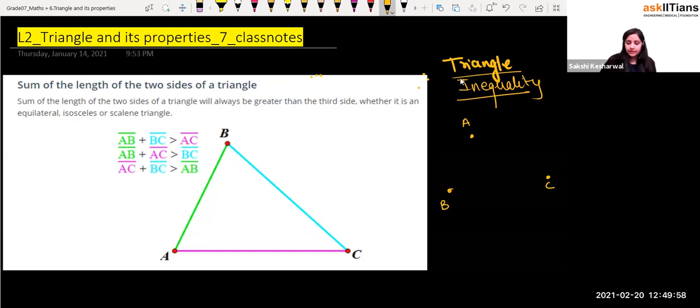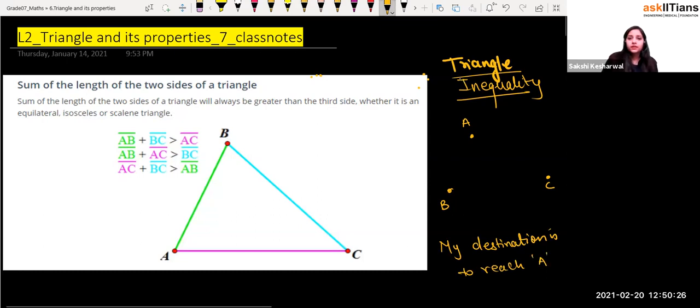Suppose I want to go from A to B. My destination, sorry, it's destination, is to reach, let's say, A, right? Now, what are the possibilities that you have?